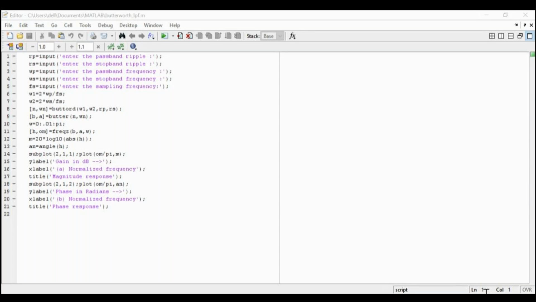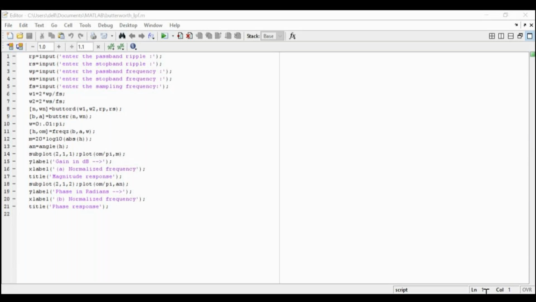When you take the frequency response, the transfer function is of the form b0 plus b1 z power minus 1 plus b2 z power minus 2, divided by 1 plus a1 z power minus 1 plus and so on. If you substitute z is equal to r into e to the power j omega, where r is equal to 1, then the entire expression will be in the form of e to the power j omega.